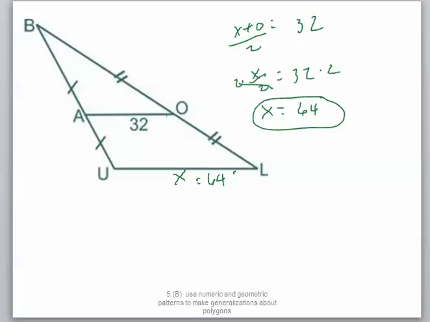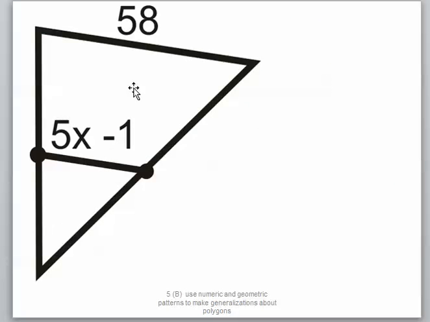Easy enough to remember. Here we've got 58 and 5x minus 1, right? So I could say 58 divided by 2 will be equal to 5x minus 1. And 58 divided by 2 is 29 equals 5x minus 1.